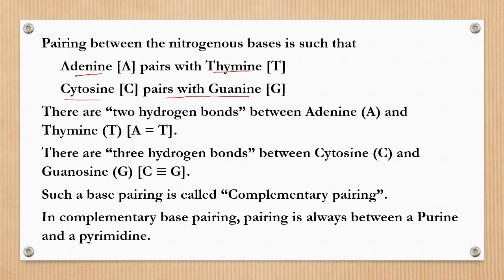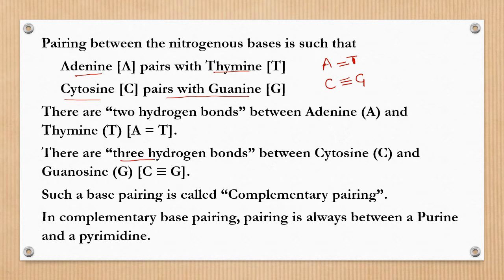Remember it. There are two hydrogen bonds between adenine and thymine, so adenine always bonds with thymine with two hydrogen bonds. And there are three hydrogen bonds between cytosine and guanine, so cytosine joins with guanine by three hydrogen bonds.